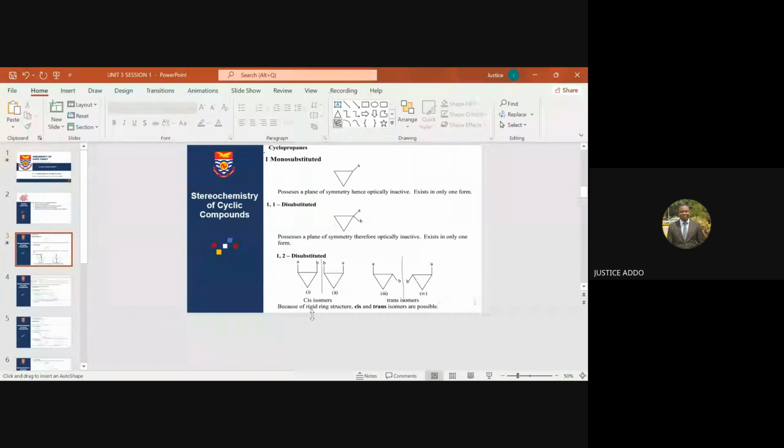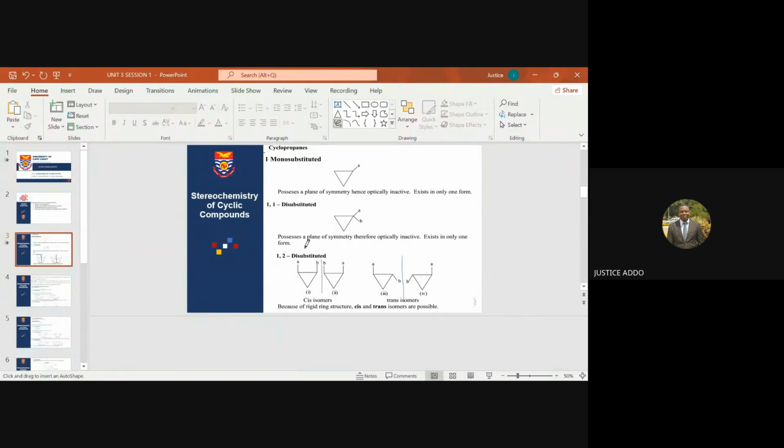And if a plane of symmetry exists, that destroys the optical activity of the molecule. And any molecule that is optically not active is considered as what? Optically inactive. And if it is optically inactive, then that molecule can never exist as what? 2. Meaning I and II will be the same compound if A is equal to B.